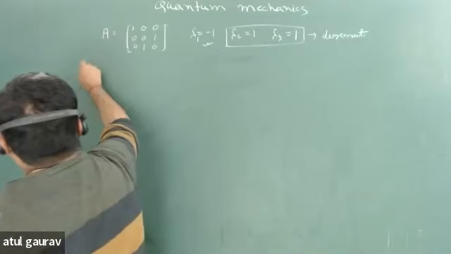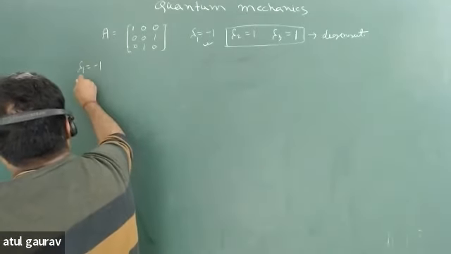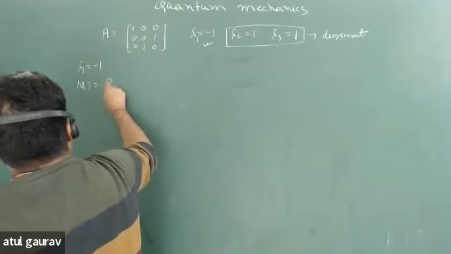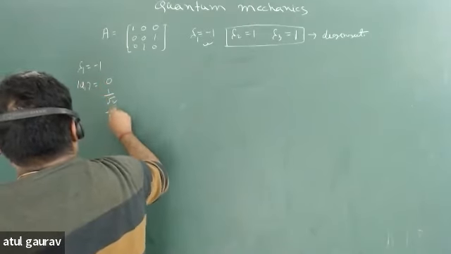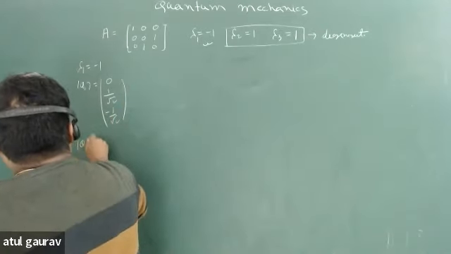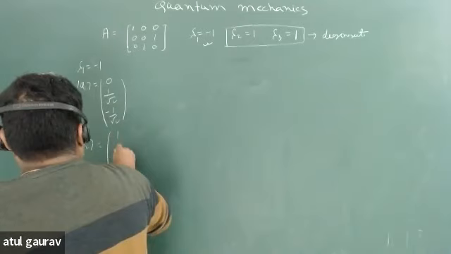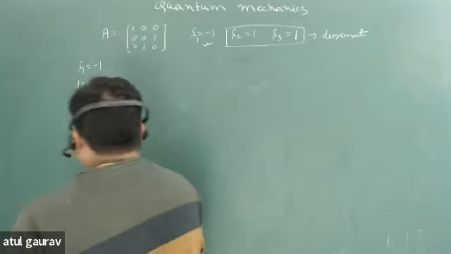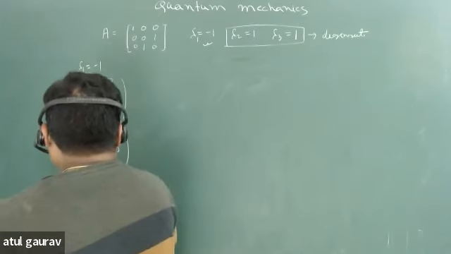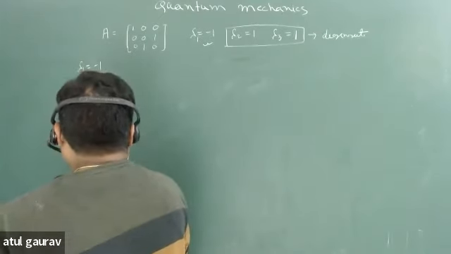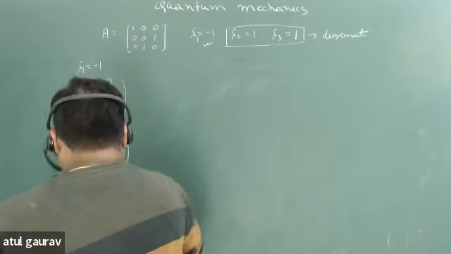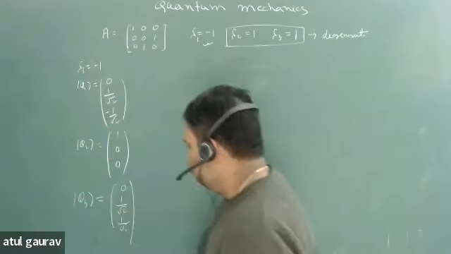Sorry, what is my lambda 1? Minus 1. What is my phi 1? 0, 1 by root 2, minus 1 by root 2. What have I chosen as my phi 2? 1, 0, 0. This is normalized. So don't worry about the normalization. What is my phi 3 then? 0, 1 by root 2, 1 by root 2. This is my phi 3.